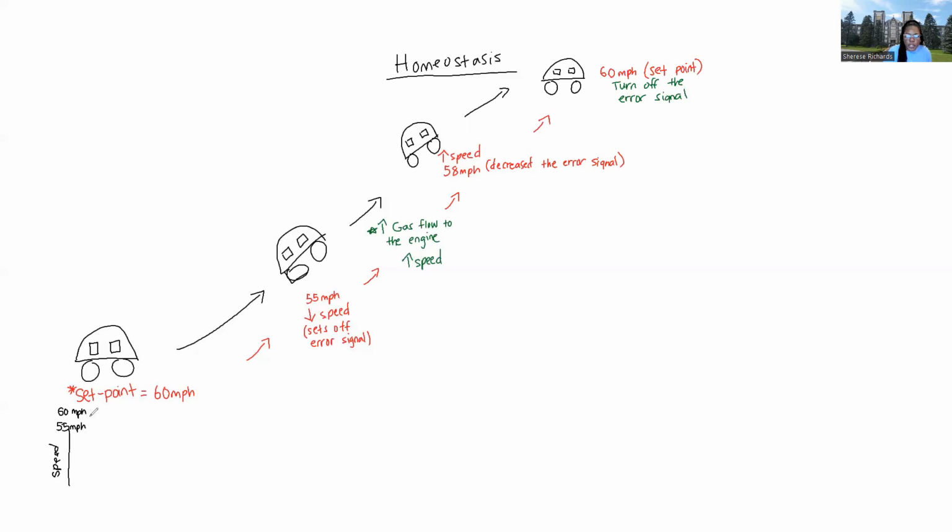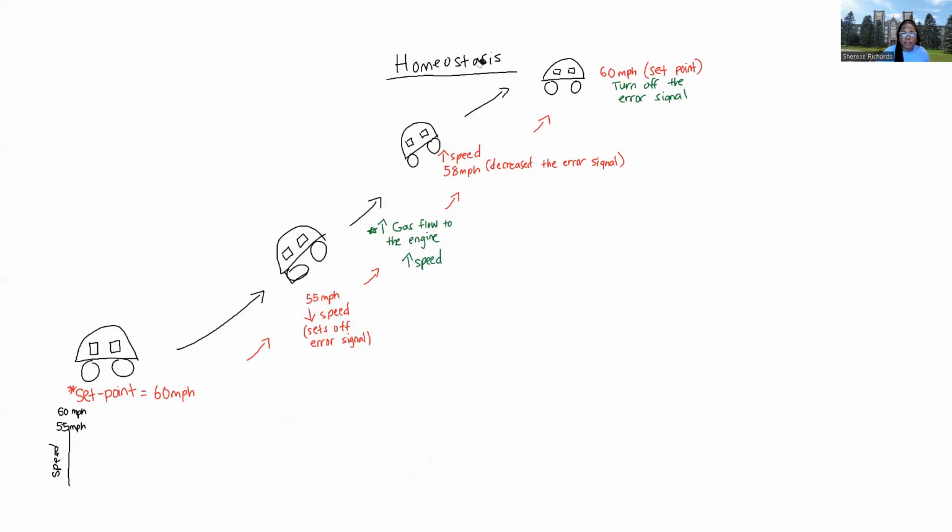Okay, so we start off, let's draw this in another color. We start off at 60, right? And then we decrease, okay? And then we're back up again.